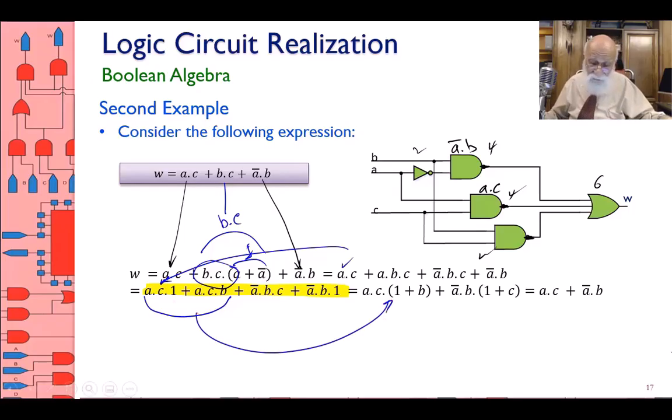And then take the third and the fourth, these two here, factor out A bar B, and this becomes this.